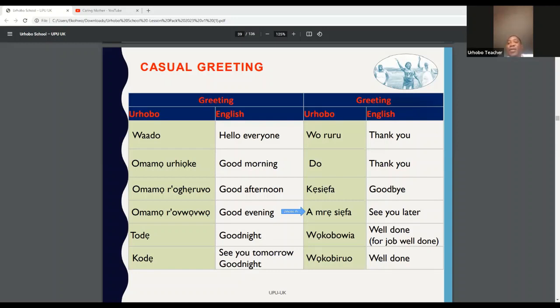Some people can also use Wekobirwo as thank you. So you can see that we have different ways of saying thank you. Woruru, thank you. Do, thank you. Wekobirwo, thank you. So three of them, you can use.